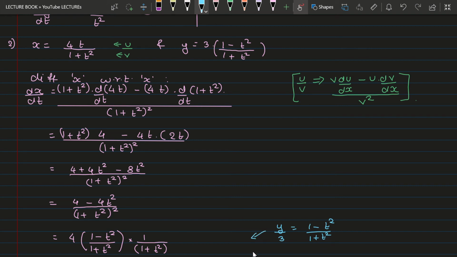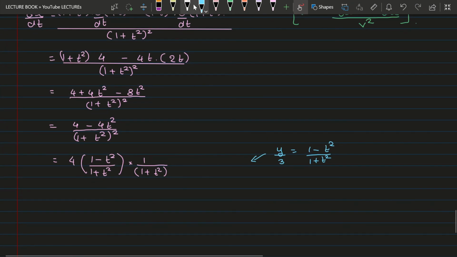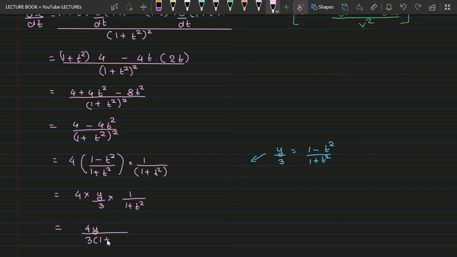If we substitute that over here, what do we get? 4 into y upon 3 into 1 upon 1 plus t square, which is equal to 4y upon 3 into 1 plus t square.